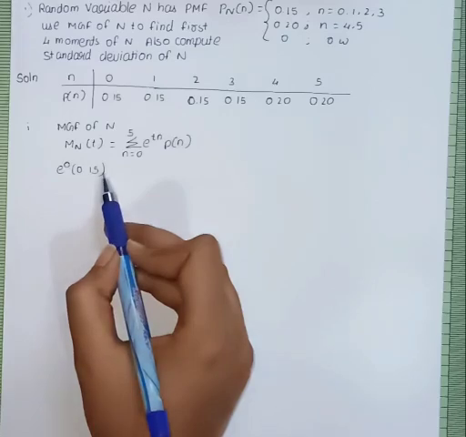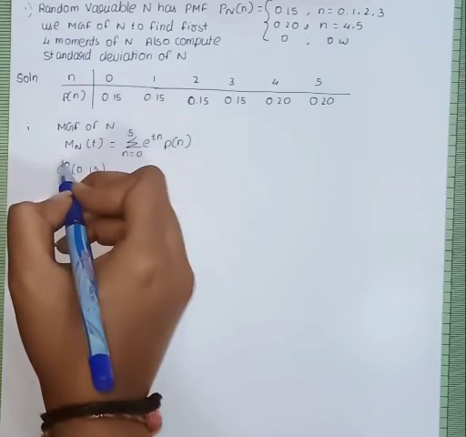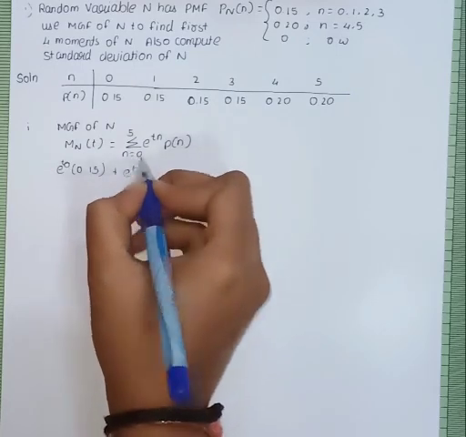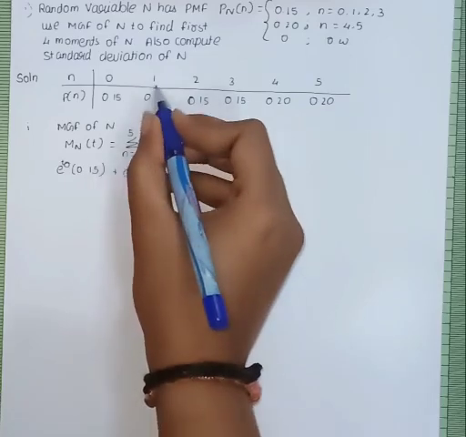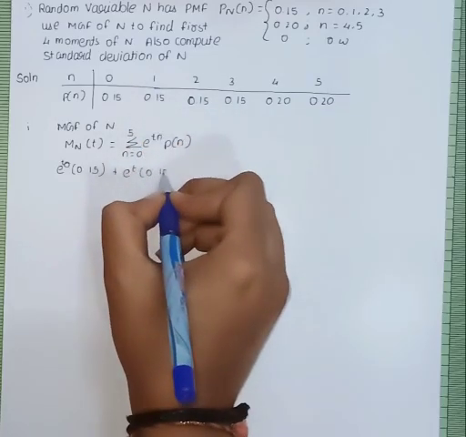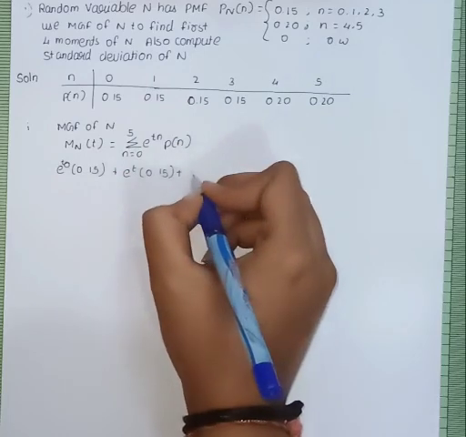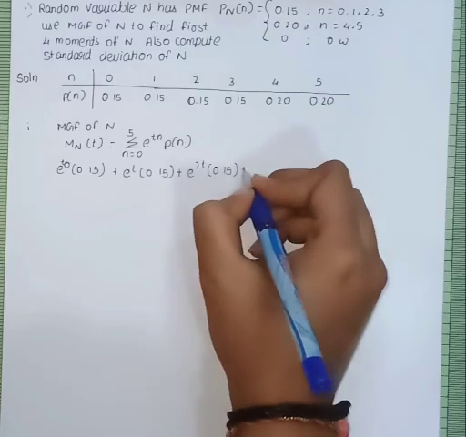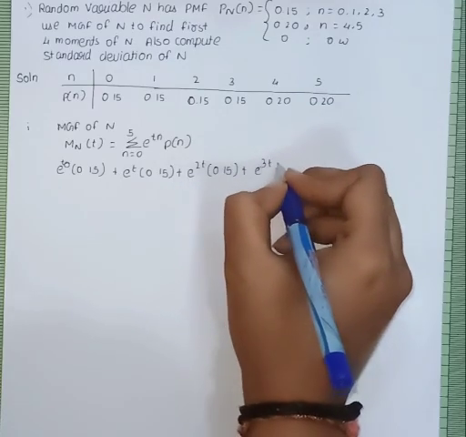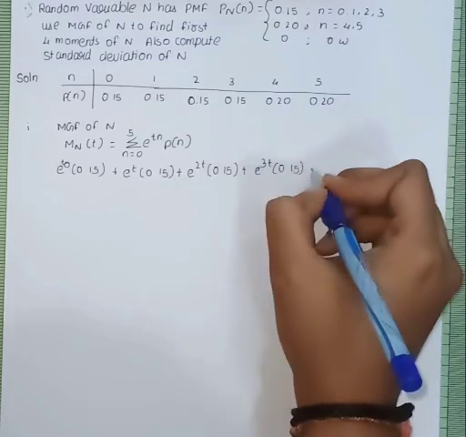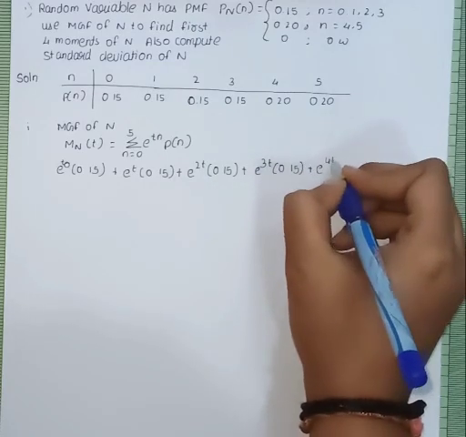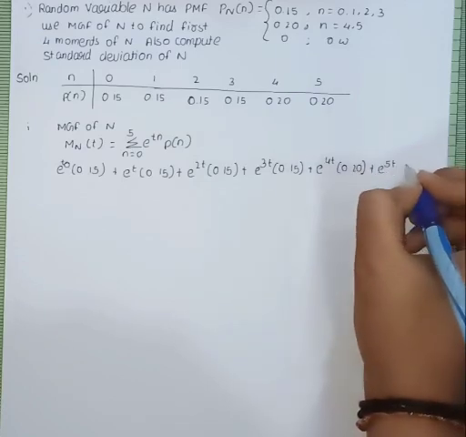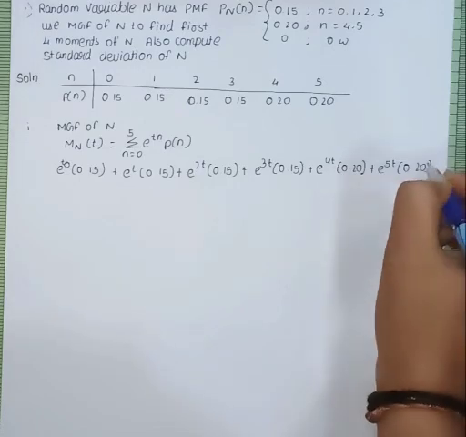Then I will add e power t for 1, and P of n for 1 is 0.15 again, then plus e power 2t into 0.15 plus e power 3t into 0.15 plus e power 4t into 0.20 and plus e power 5t into 0.20.